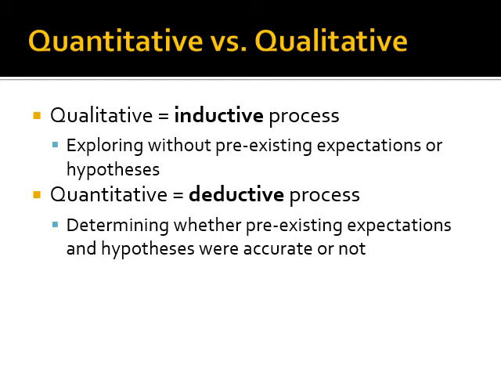In contrast, quantitative research uses a deductive process. Before you conduct the study, you are meant to, usually, have some kind of a hypothesis about what you think is going to happen.